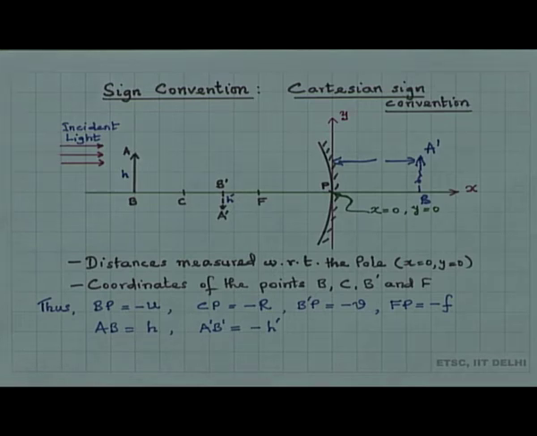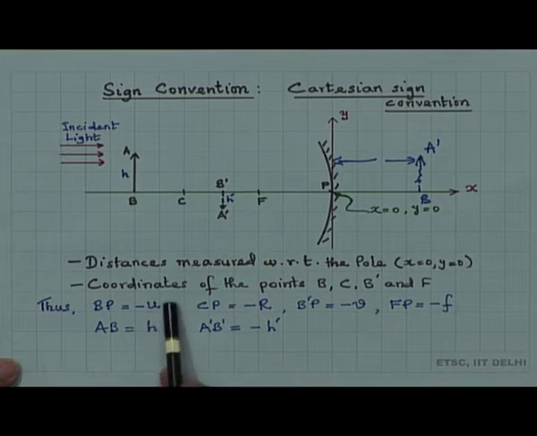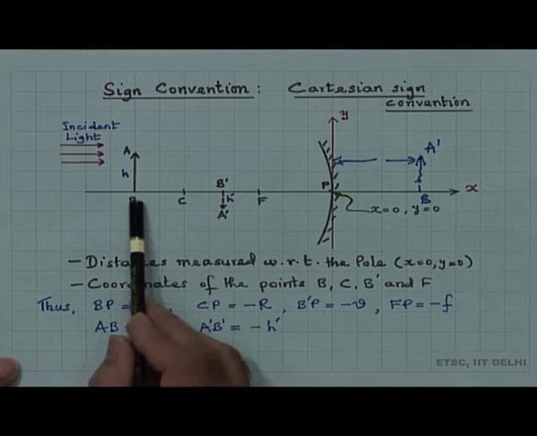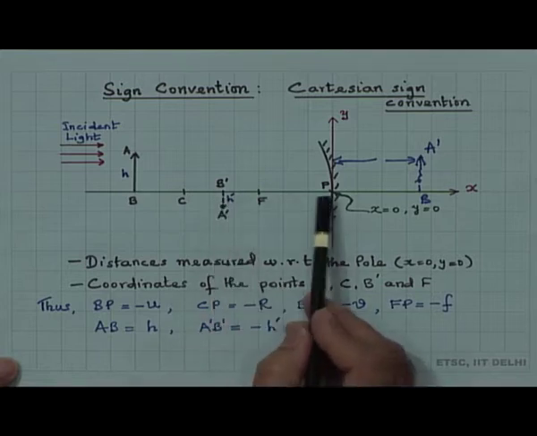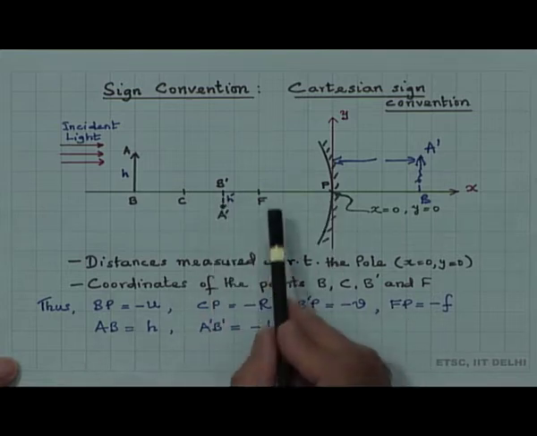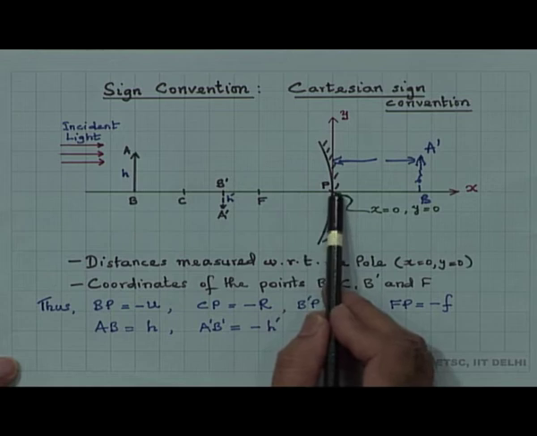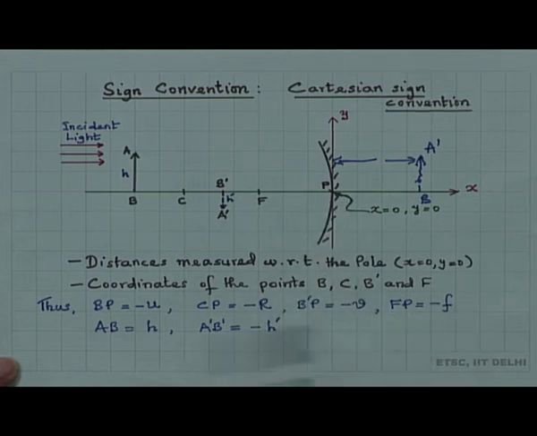But in the diagram that I have shown corresponding to the case which we have considered, we see that BP here is equal to minus u. U is the object distance, but it is minus u because it is on this side. Similarly, CP is equal to minus r, B dash P, the image distance, is minus v, and FP, the focal length here, is minus f.